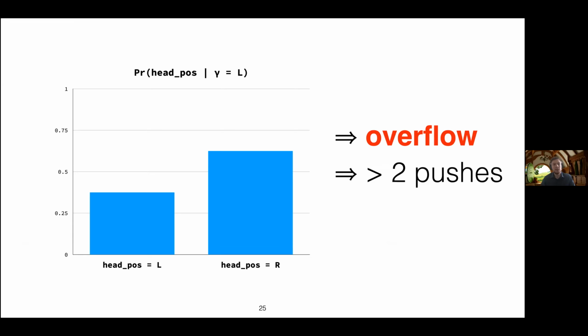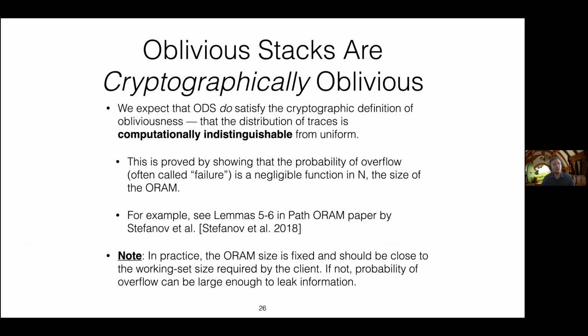But there's a little bit of a question as to why they should have satisfied PMTO to begin with, given that a lot of the papers that originally proposed oblivious RAM and oblivious data structures define oblivious stacks and oblivious data structures as being computationally indistinguishable from uniform.